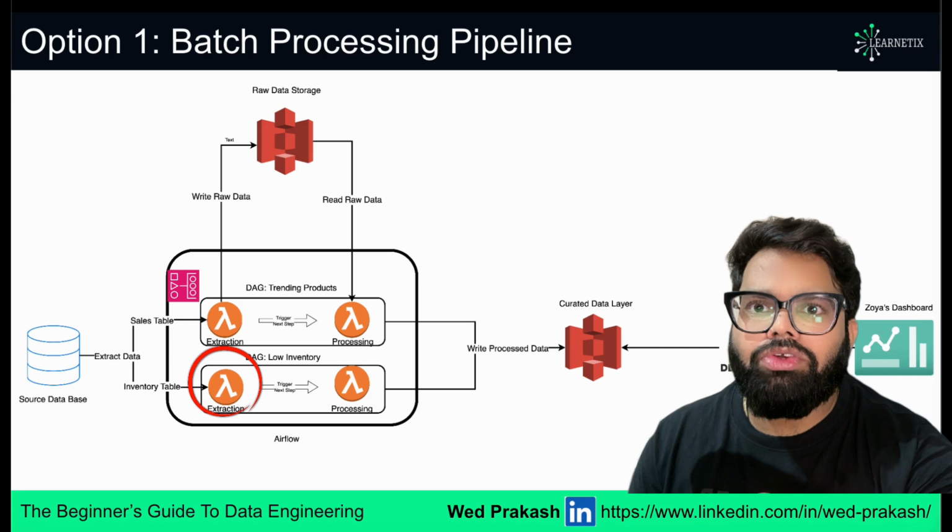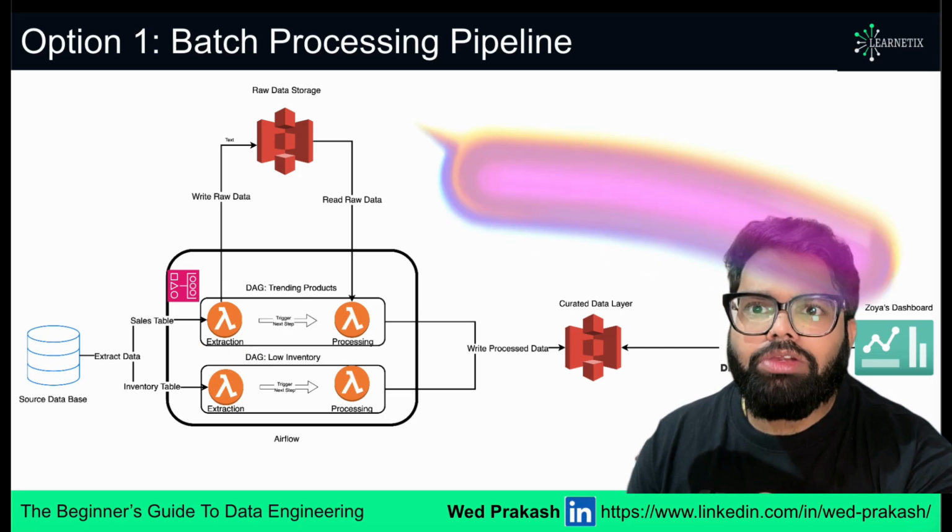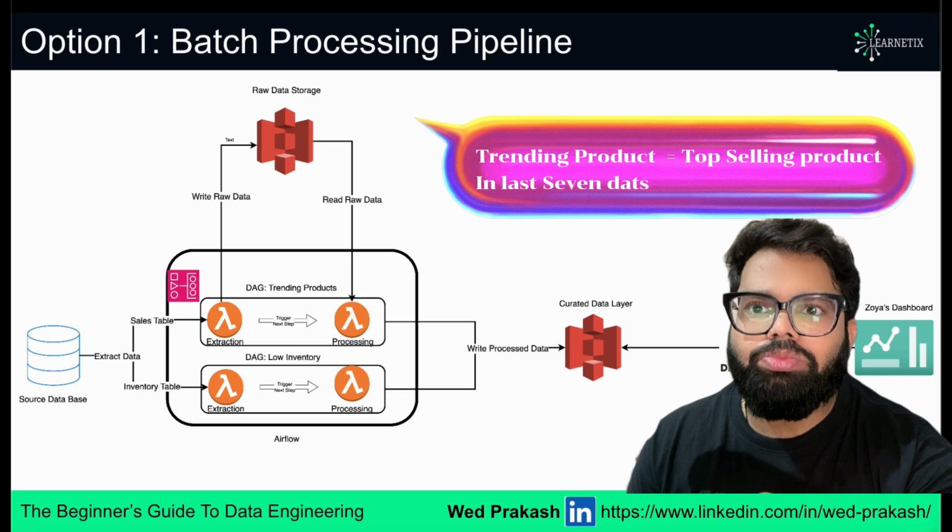The first script is for low inventory. The script will query data from the inventory table for products with 5 or fewer items left in the stock. The second script is for trending products. We will keep it simple for now and assume that the top selling products in the last 7 days are trending products.